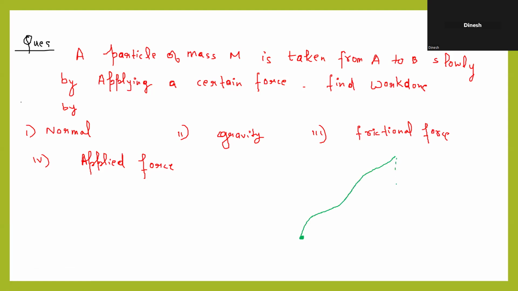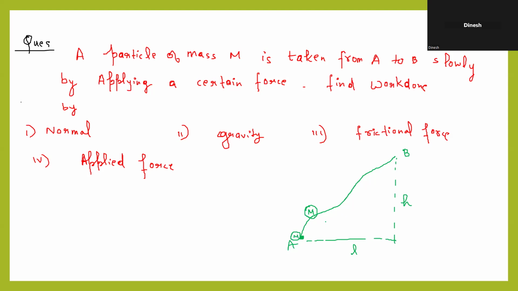This curve has the height h, this is L, and it is going from A to B. This particle is moving from A to B. It has the mass m. I have shown it here, actually it is here initially.